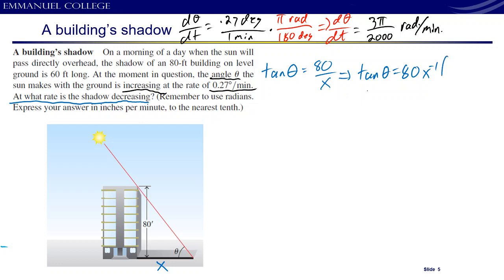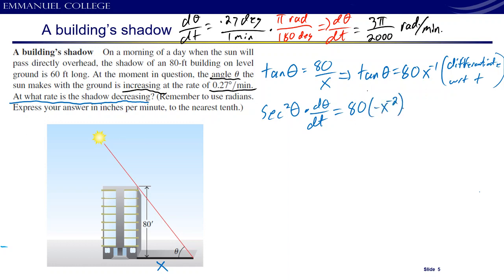So this is going to be, differentiate with respect to t. If I do that, the derivative of tangent of theta is secant squared theta. Again, the variables do not match, so our d theta dt term pops out. And then we get 80 times negative x to the negative 2.